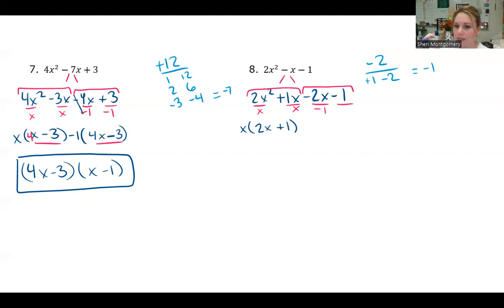Good job, friends. Look at y'all. I wasn't sure y'all would remember to do the negative 1. So now we have a new GCF that we can factor out.